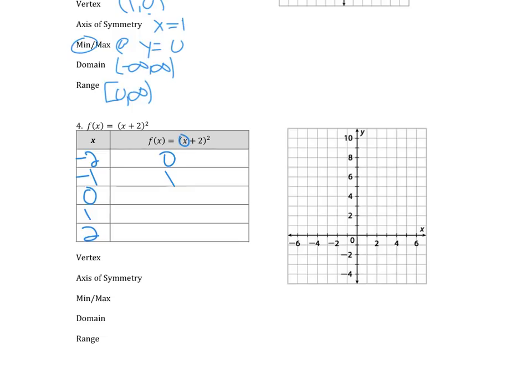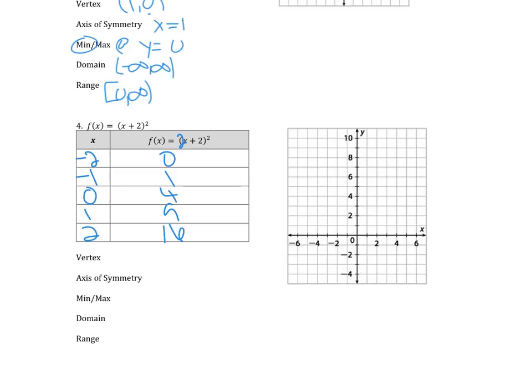Then we go 0 plus 2 is 2. Squared is 4. And then 1 plus 2 is 3. 3 squared is 9. And 2 plus 2 is 4. 4 squared is 16. So as you can see here, nothing actually got reflected.